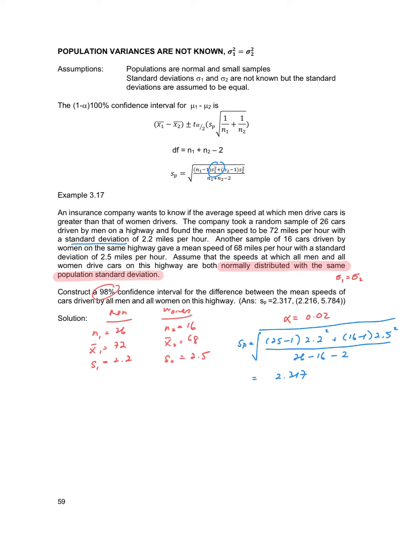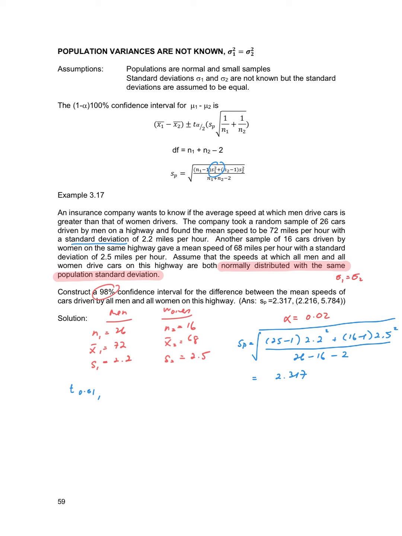Now you can find the critical value first. Our critical value is t alpha over 2, 0.02 divided by 2 is 0.01, and the degree of freedom is n1 plus n2 minus 2.